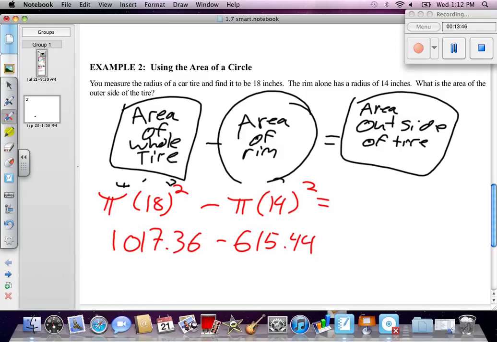And we get 401.92 inches squared. So we had the radius of the whole tire, the radius of just the rim. Finding the area of both of those and subtracting them gives us the area of just the tire. Not including the rim, just the rubber.